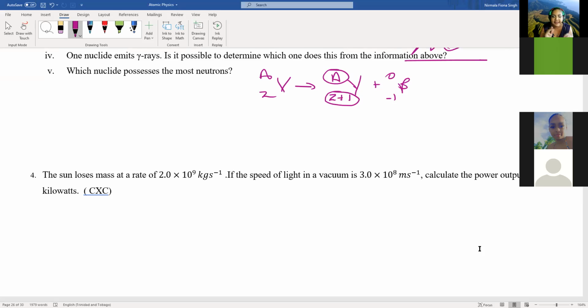Now, this is several questions together. First, they're telling us the rate of mass. Anybody remember rate of change? What does rate of change mean?